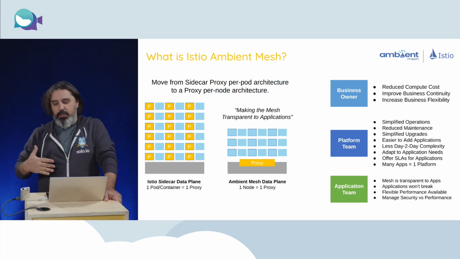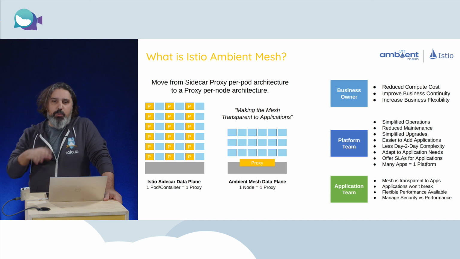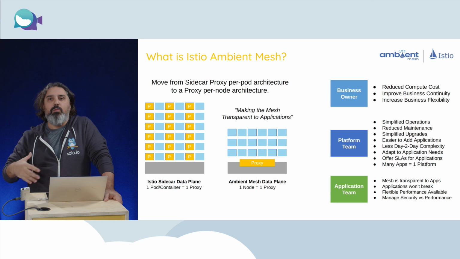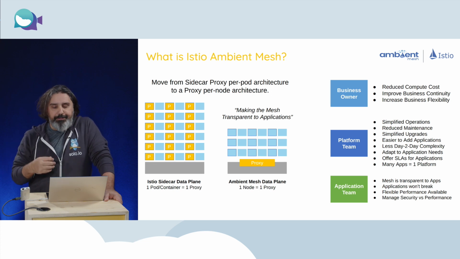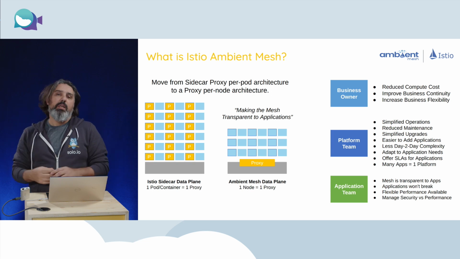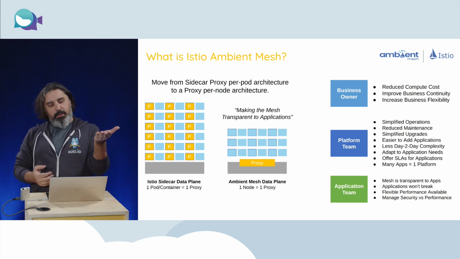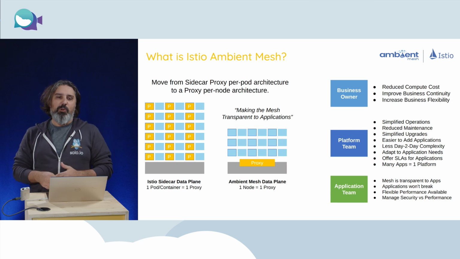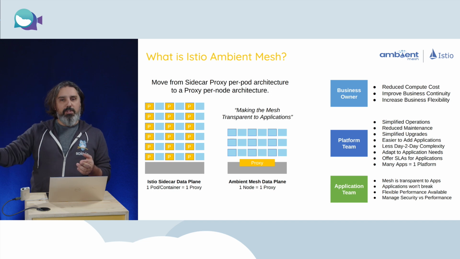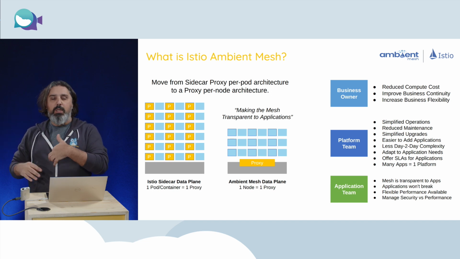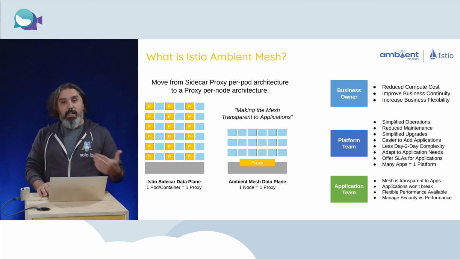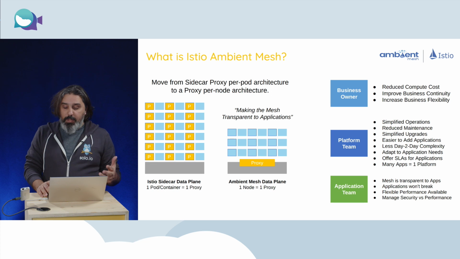Forwarding packets, of course, at the TCP/IP level, but also making decisions about the application layer and what applications can do and what they cannot. So imagine if we can split these two roles: the node proxy, what we call the data plane proxy, and a new proxy, which we call the waypoint proxy, dedicated to making layer 7 decisions, enforcing layer 7 policies.